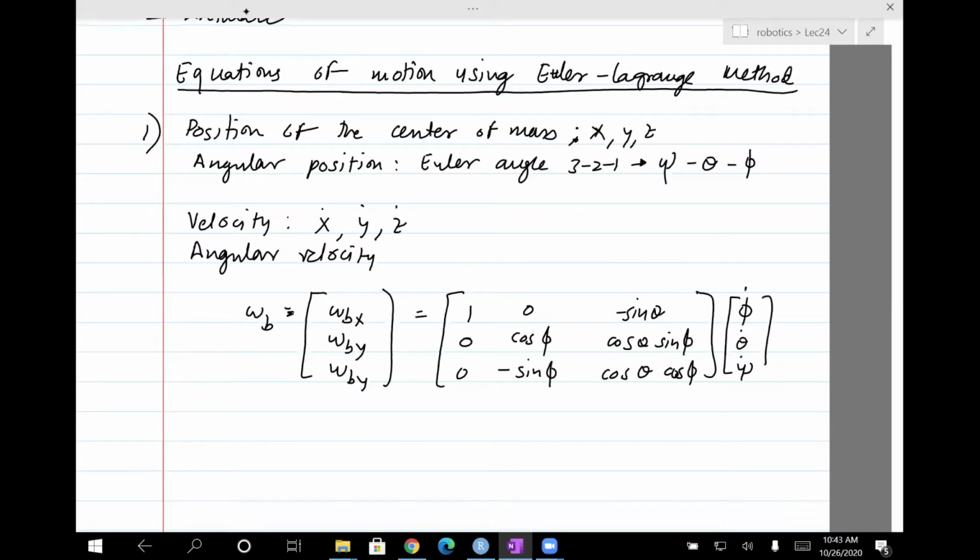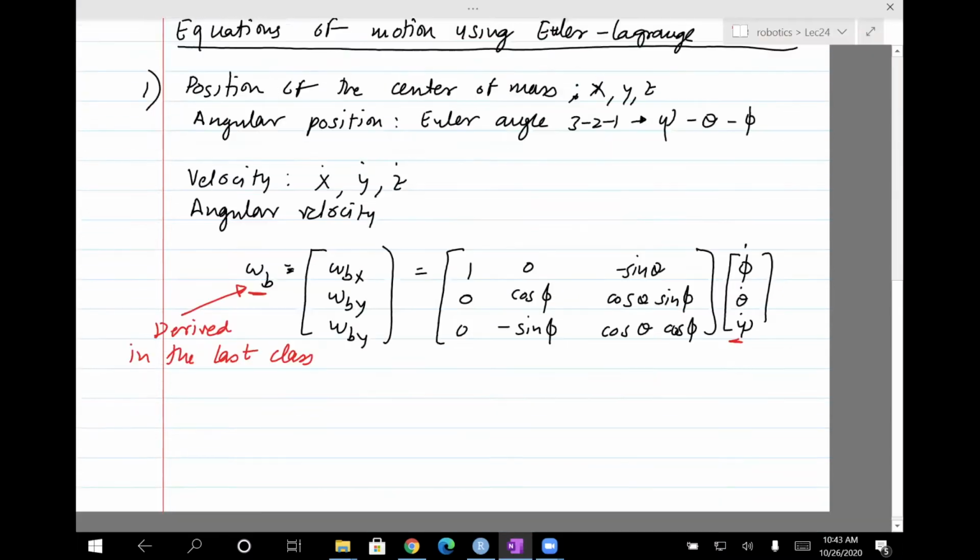This was derived in the last class. And that's needed because the angular speed is not the same as the Euler rates. There is a relation which we derived last time.